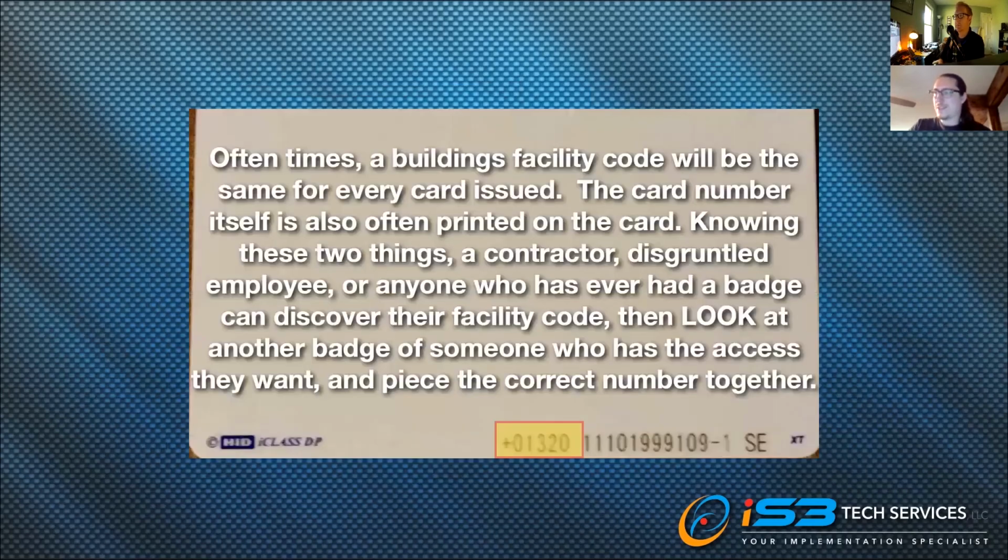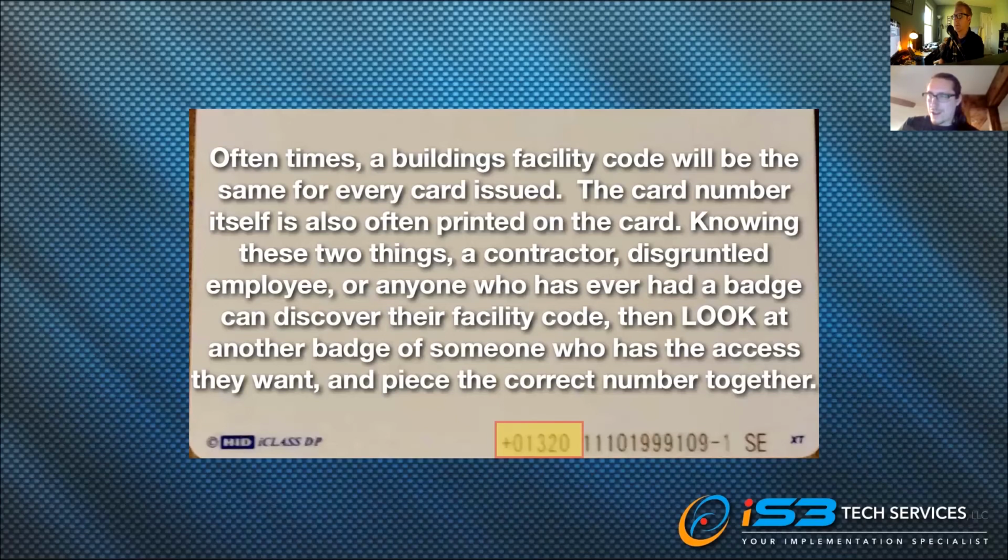What this means, a contractor, a disgruntled employee, anyone that's ever had one of your badges, you can scan it, you can find out the facility code, and then 9 times out of 10, you can look at someone else's card and get their card number. This could be a security guard, someone in IT, it doesn't matter, it could be anybody.